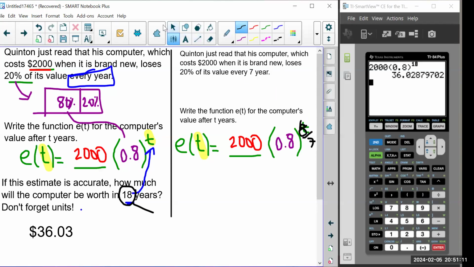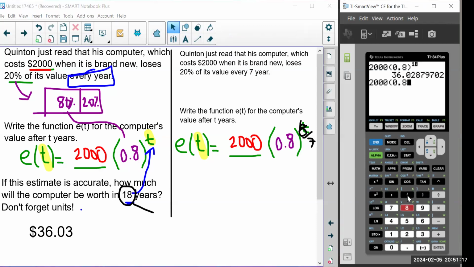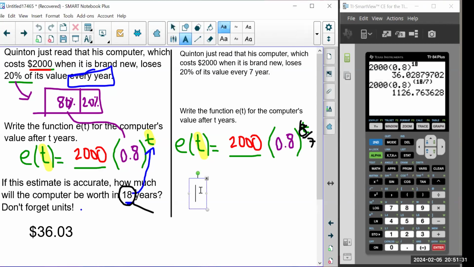So in my calculator, I'm still starting off with 2,000. It's still going to be 0.8. And this time when I do my exponent, I'm going to remember to put it in parentheses because this is a fraction, 18 over 7. It's going to be worth a whole lot more money, about $1,126.